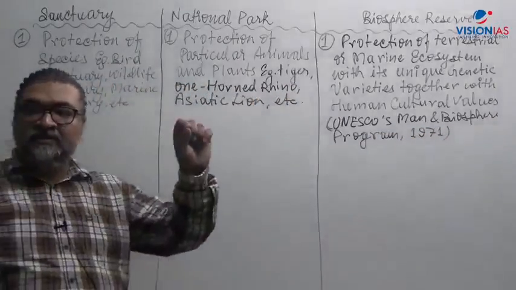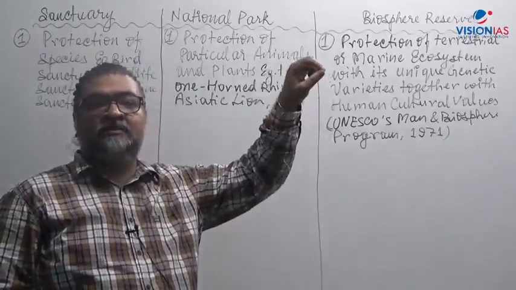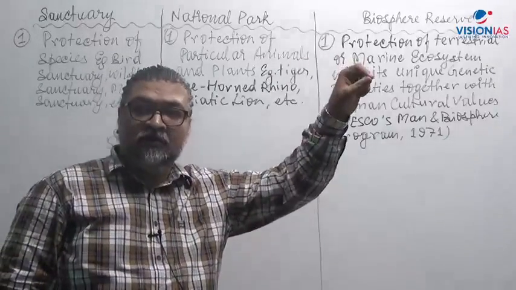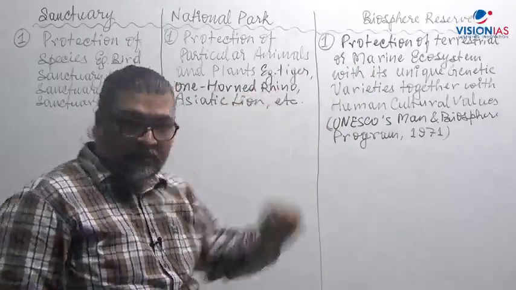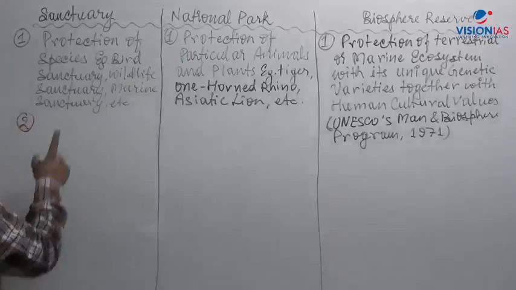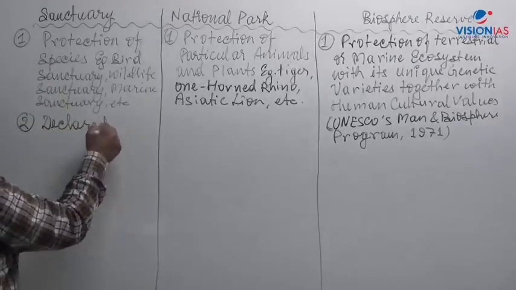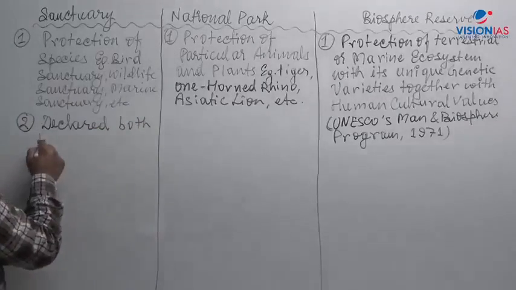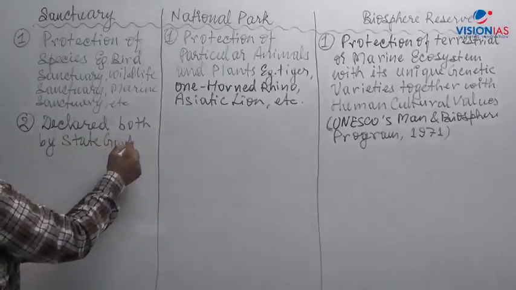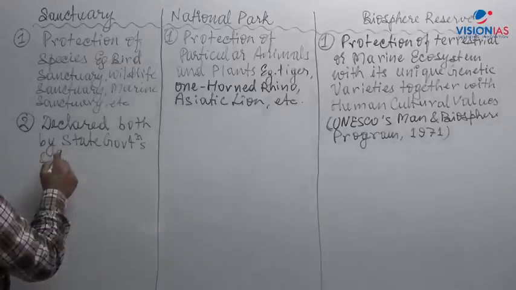So the biosphere reserve is an ecosystem-based concept. Nanda Devi, Sundarban, Nilgiri, all these are ecosystem-based approaches. Now coming to the second difference, number 2. A sanctuary can be declared both by the state government and the central government.